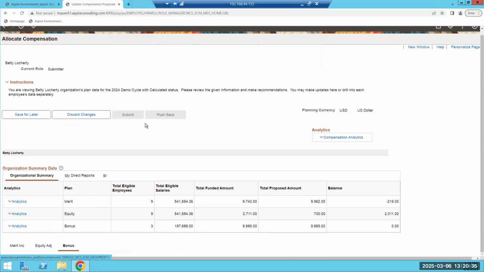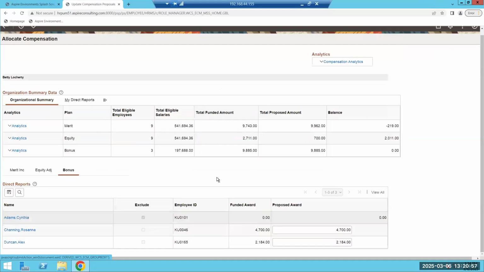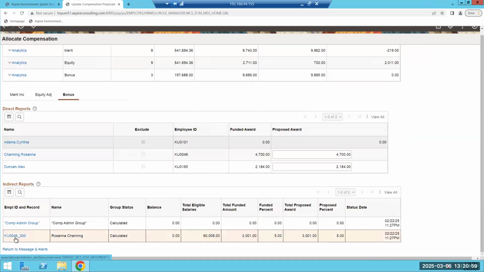They are grayed out because the comp cycle is set up where it's very hierarchical and it is bottom up. So Betty cannot submit her organization's planning until Rosanna has submitted hers.